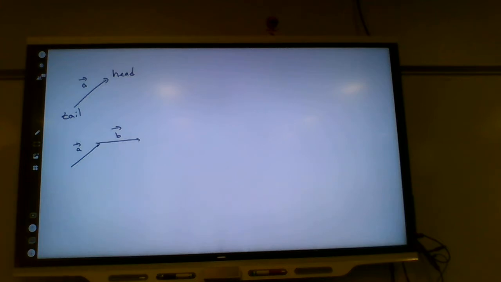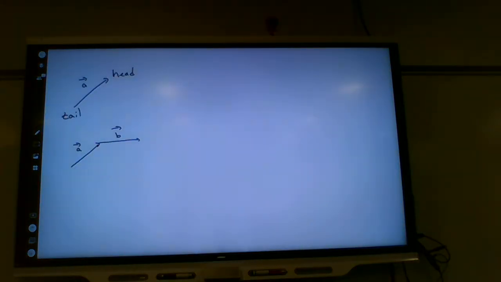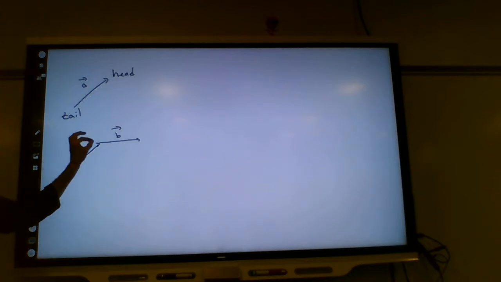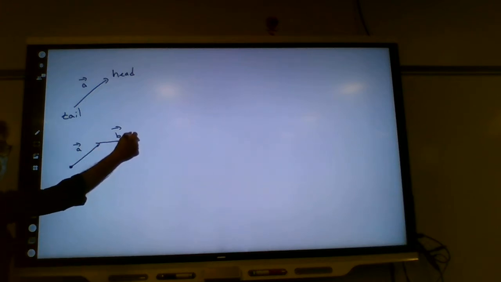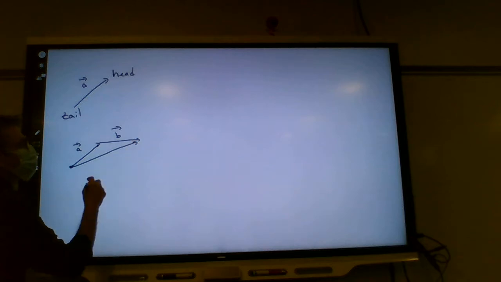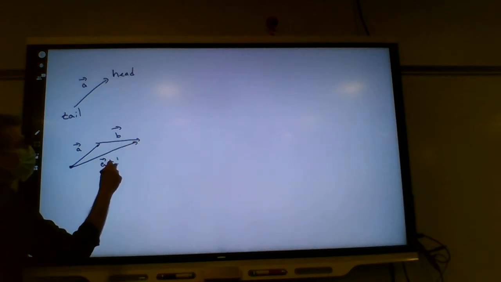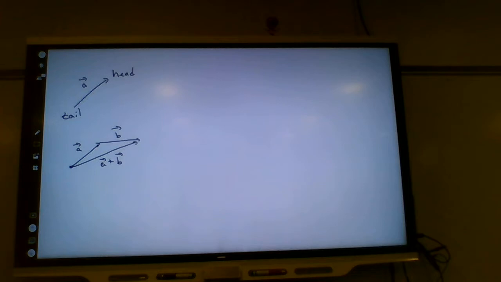So the idea here is if we start at the tail of A, at some starting point, and then we move in the way described by vector A, and then from there we move in the way described by vector B, what have we done overall? We started here and we ended there.